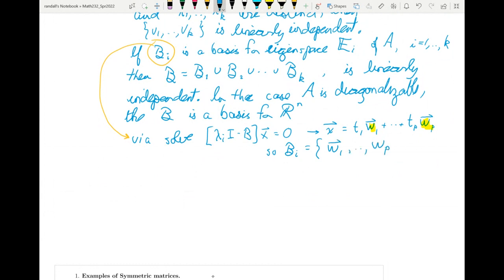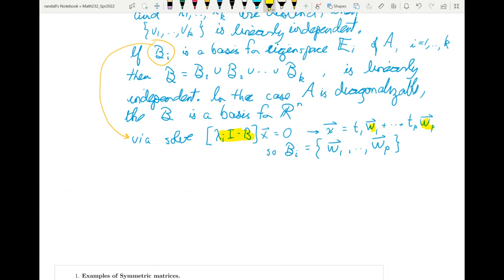And these w1 to wp will be linearly independent, due to the fact that when you row reduce the coefficient matrix and then read off the solution this way, those vectors w1 to wp are linearly independent. So this is how you obtain your bases for the eigenspaces.